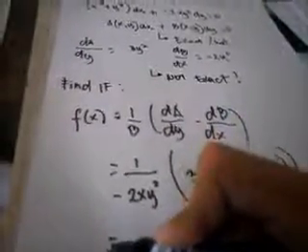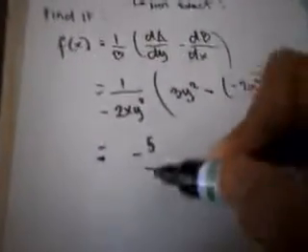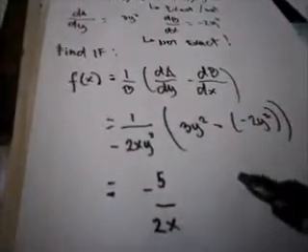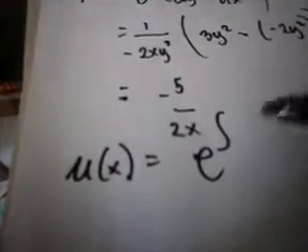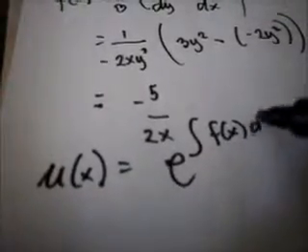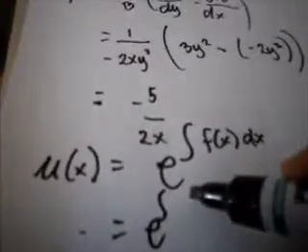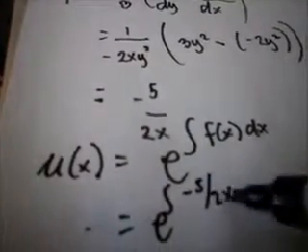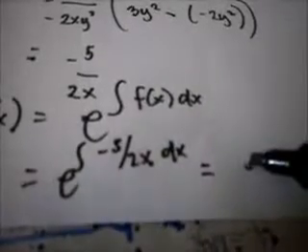And we get negative 5 over 2x. We can now use this f of x to get the value of mu of x, our integrating factor: e to the integral of negative 5 over 2x dx. And we get x to the negative 5 halves.